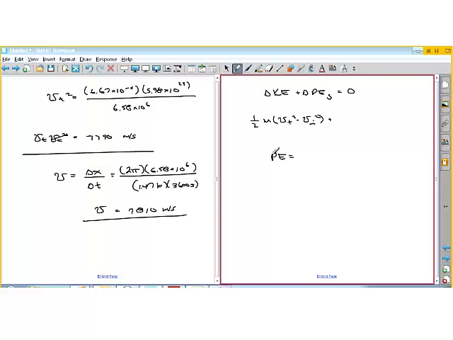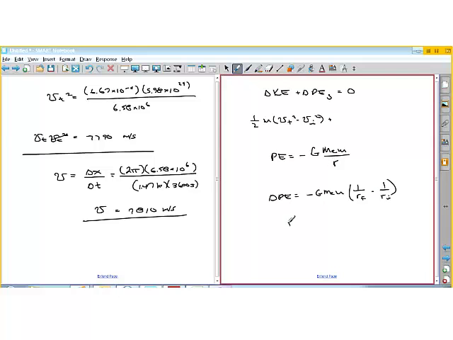So remember, potential energy is negative G times, let me look that up in the book, the mass of the Earth times the mass of the object divided by R. So for the change in potential energy, the terms that are constant are the mass of the Earth and the mass of the object, and then you're going to have 1 over R final minus 1 over R initial.